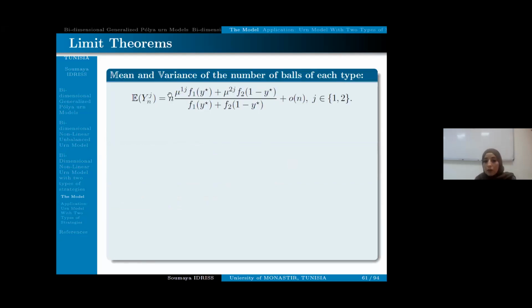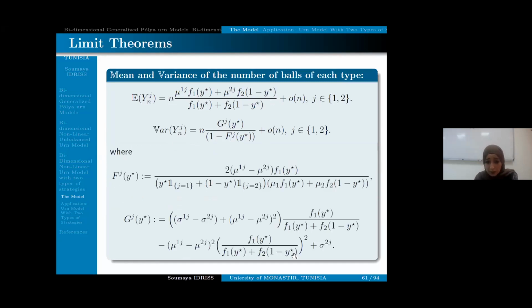Now we give the estimates of the mean and the variance of the number of balls of each type. The mean is given by this quantity, and the variance is given by this quantity, where the functions gj and fj are given as follows.